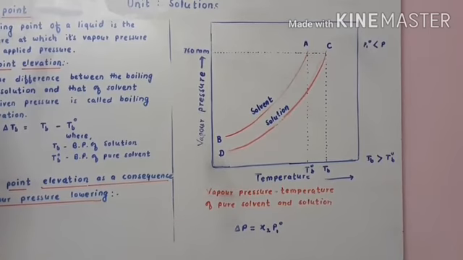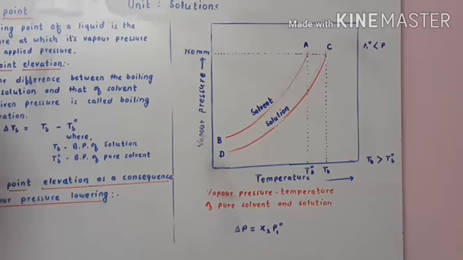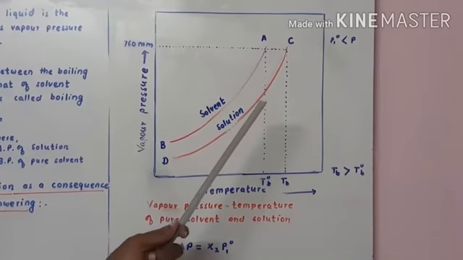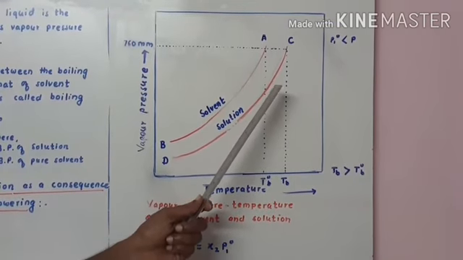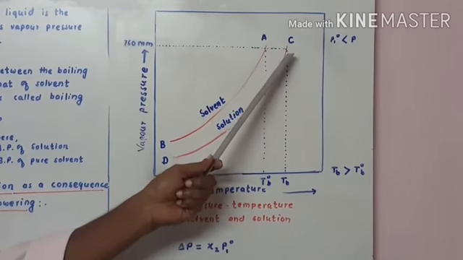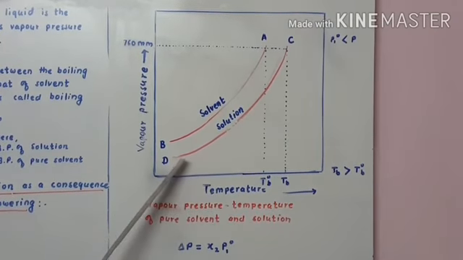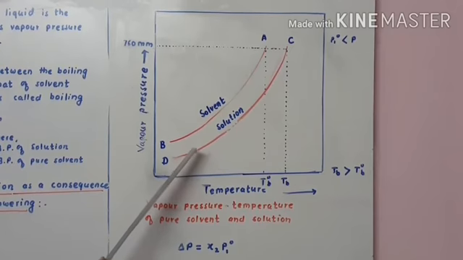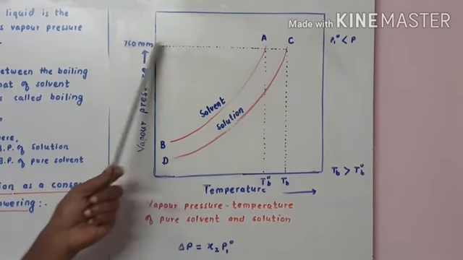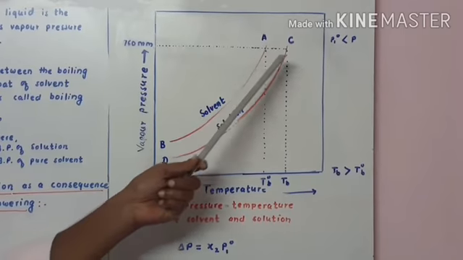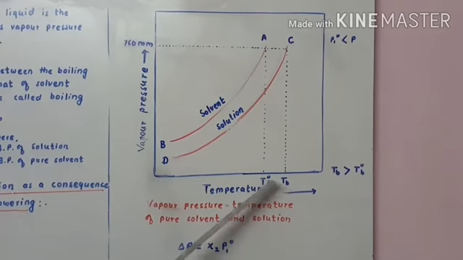The difference between vapor pressures increases as the temperature and vapor pressure increase, as predicted by the equation delta P equals X2 into P10. The intersection of curve CD with the line corresponding to 760 millimeter is the boiling point of the solution.